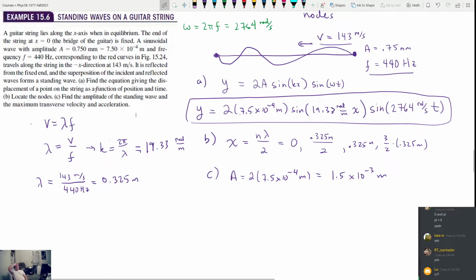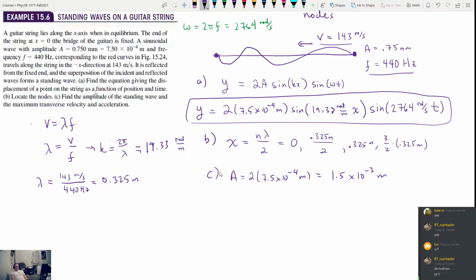What do we need to do? Derivatives of y, that's right, exactly.